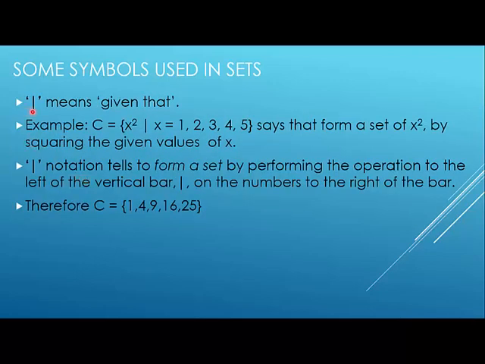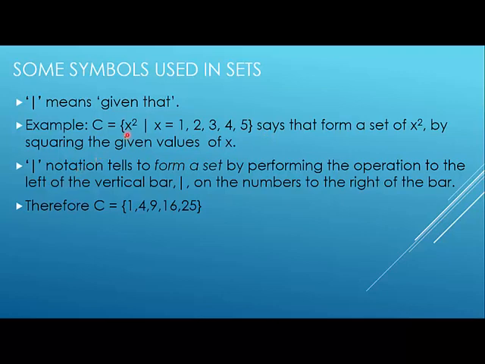This pipe or vertical bar means given that or such that. So here C is equal to a set of all the values of x square, where x is equal to 1, 2, 3, 4 and 5. So this one is the function or operation, and the values of x are given here. So we read x square given that x is equal to 1, 2, 3, 4 and 5.